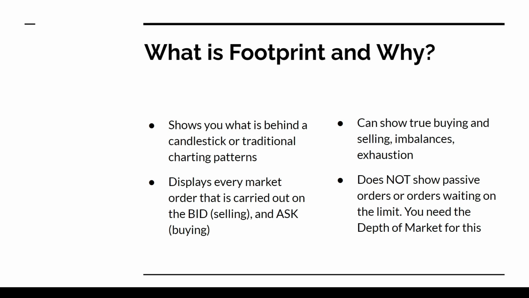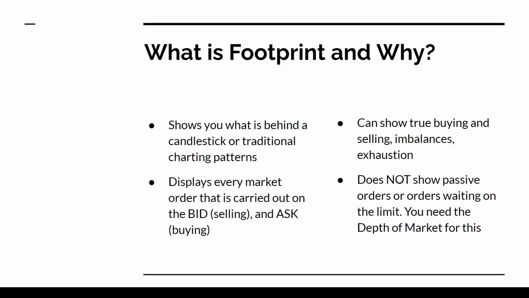The real point about the footprint is you get to see where true buying and selling occurs. You get to spot exhaustion and imbalances when price gets to key inflection points. This is the reason why certain support and resistance levels hold, or price will sweep a level and revert back into value. You get to see in the now what is actually happening at market order level.